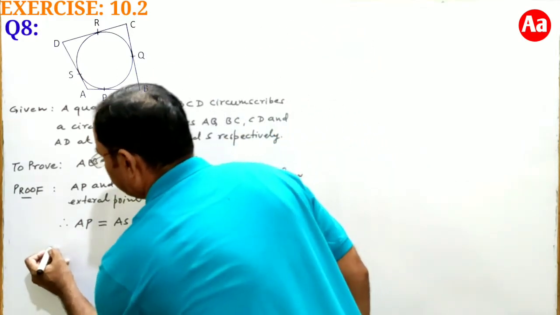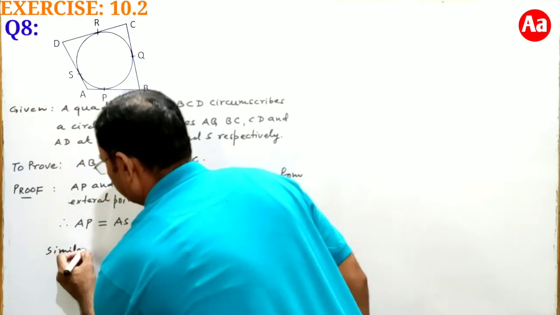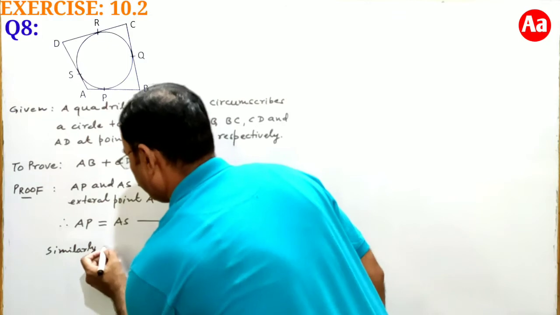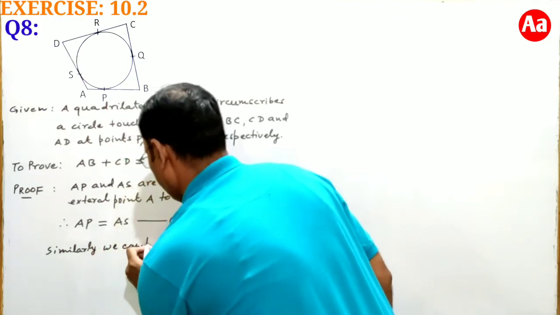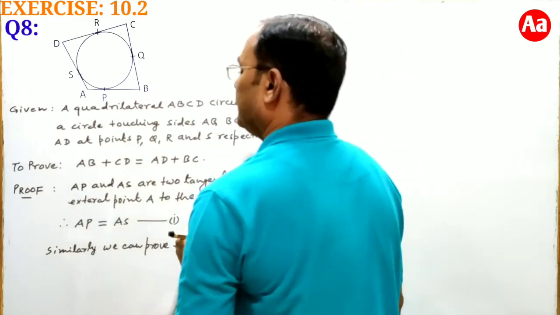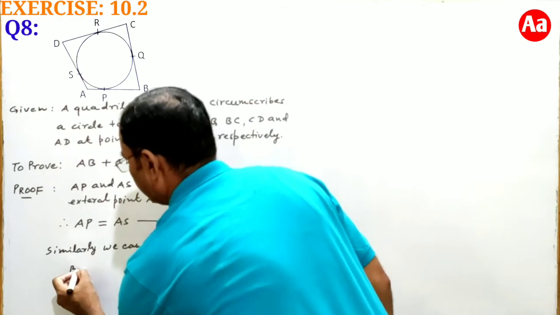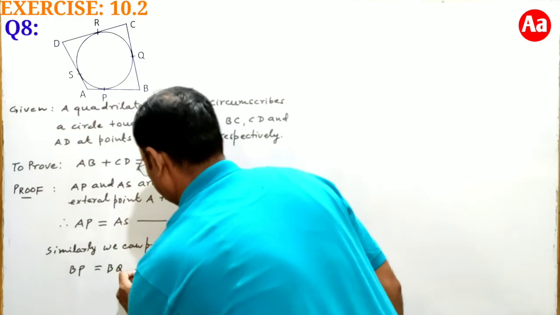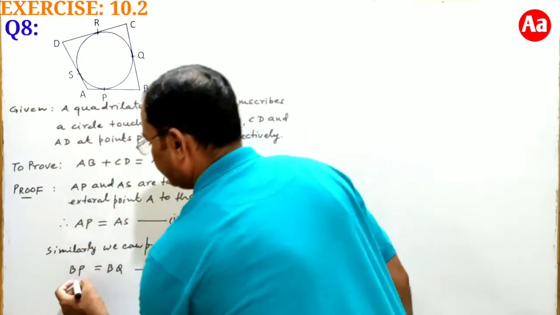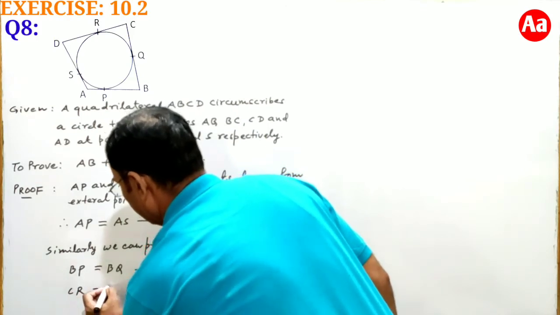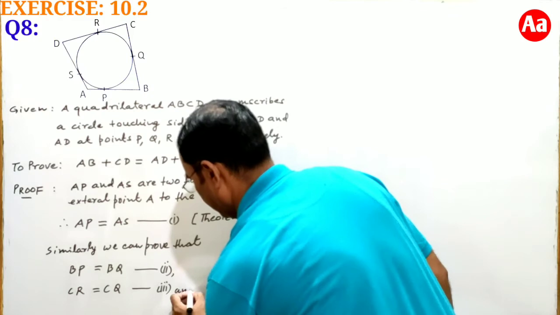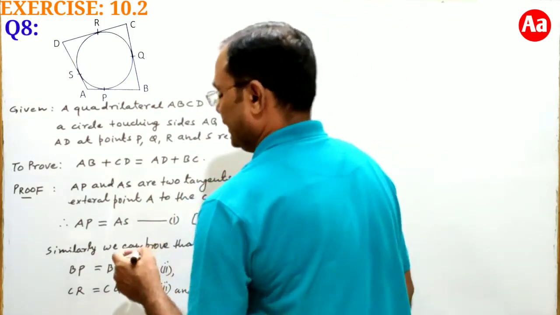So similarly, we can prove that BP equal to BQ, number 2, CQ equal to CR, so CR equal to CQ, let it be number 3, and DR equal to DS.